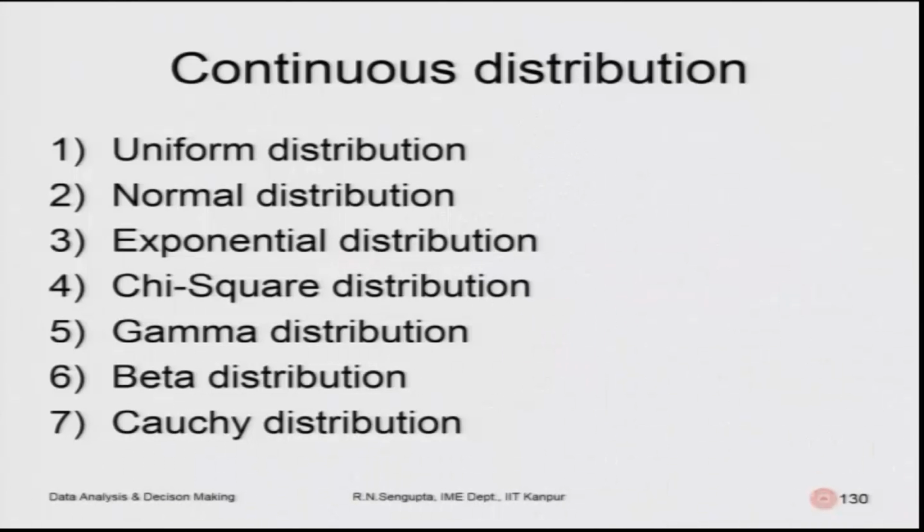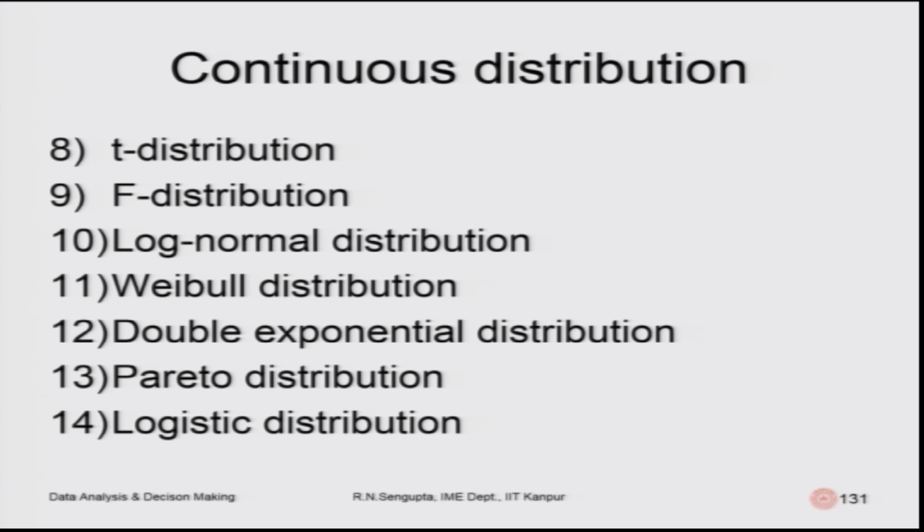So, continuous distributions are uniform, normal, exponential, chi-square, gamma, beta distribution, Cauchy distribution and so on. We have the t distribution, F distribution, log normal distribution, if you remember I did mention a few minutes back. We have the Weibull distribution, double exponential distribution, Pareto distribution, logistic distribution and so on.